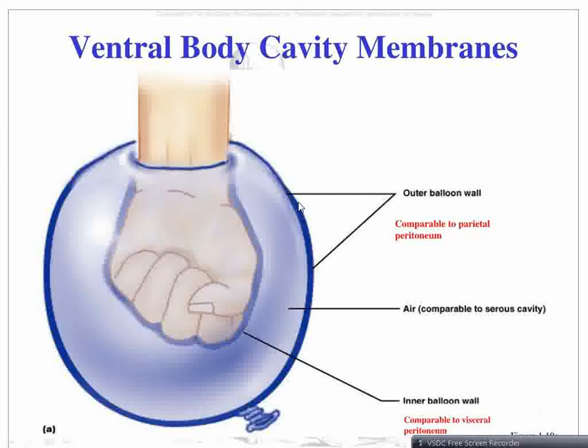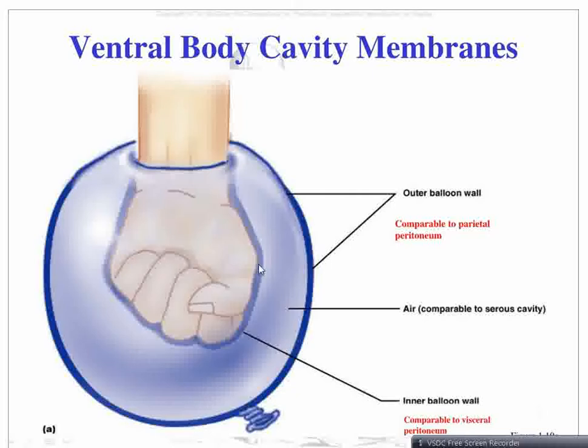The parietal layer, outer layer, and the inner layer. In between the parietal and the inner layer, there is a cavity, and that cavity here is represented by air. When we consider the balloon, here it is air. Whereas when we consider the peritoneum, this is the peritoneal cavity. So here, the outer layer is the parietal layer, and it becomes the inner layer of the peritoneum.